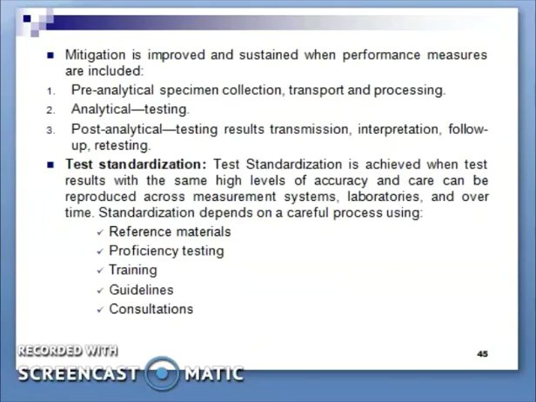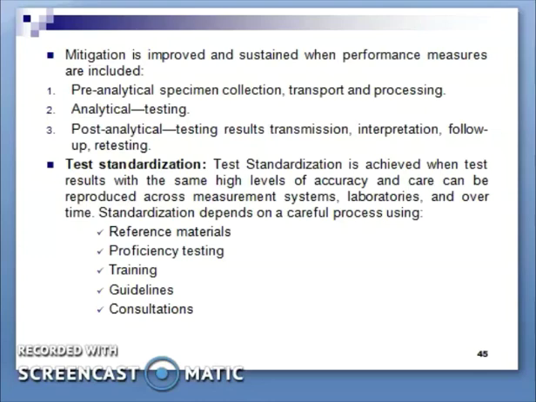So mitigation is improved and sustained when performance measures are included. These are some of the points like pre-analytical specimen collection, transport and processing, analytical testing, post-analytical testing, results transmission, interpretation, follow-up retesting.